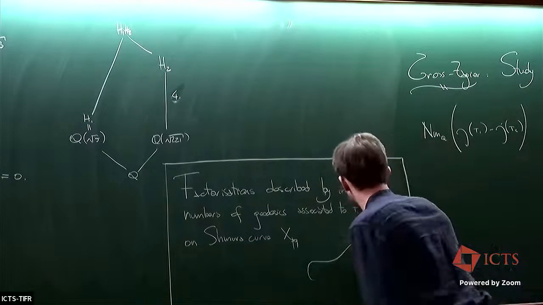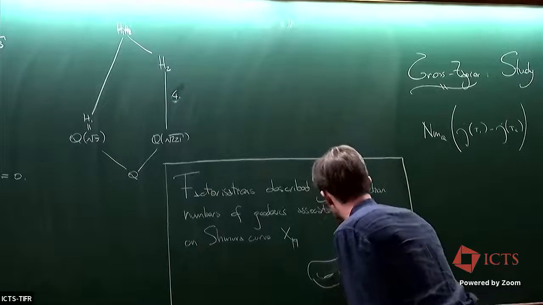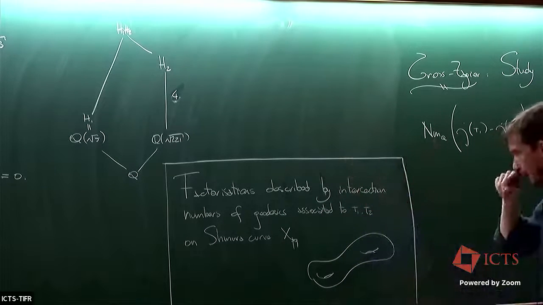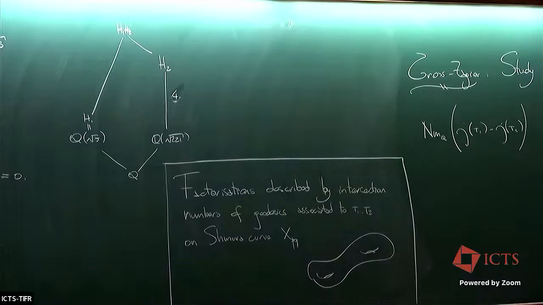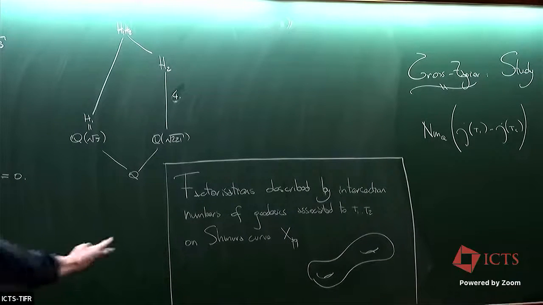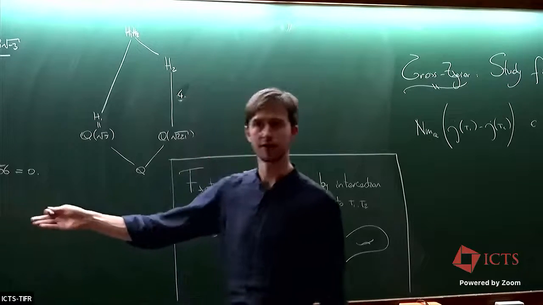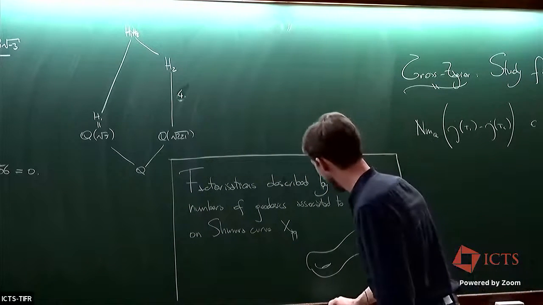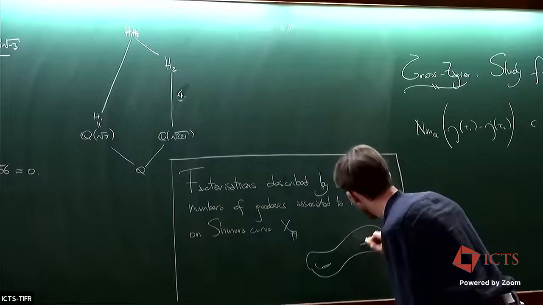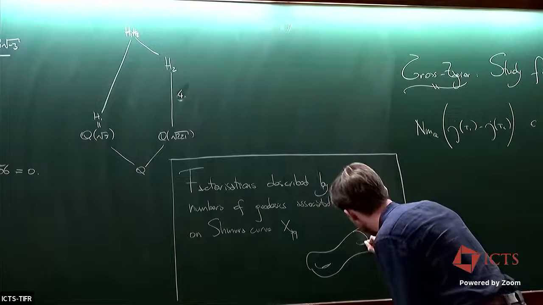So this might be some Shimura curve like so, where P is the prime with respect to which we did our construction, so the analytic prime that we chose, and Q is the prime whose prime factorization we're trying to determine in these invariants. So tau 1 and tau 2 each give rise to a closed geodesic on the quotient.